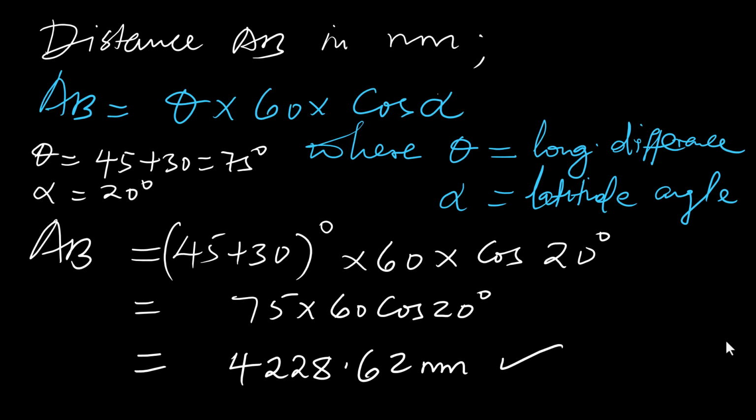This will give 75 times 60 times cosine of 20 degrees, and that will give 4,228.62 nautical miles. So that is how we get the distance along the surface of the earth, both when the distance lies along the great circle and the small circle.